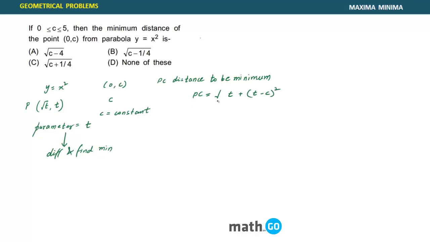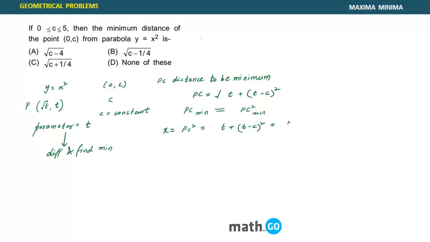And since PC is a distance, if you want PC minimum, it will be equivalent to saying that you find PC square minimum. That's not a problem, because if this distance is minimum, this will also be minimum. So let's solve for PC square, because the under root will then go away. Now you just need to minimize this new quantity, PC square, which is something like this, right?